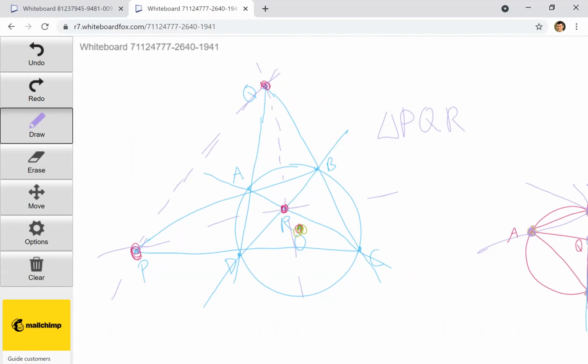And with orthocenter equal to O, the orthocenter of that triangle is equal to O. That's pretty cool.